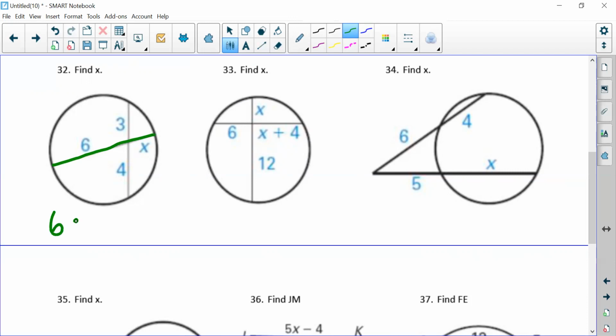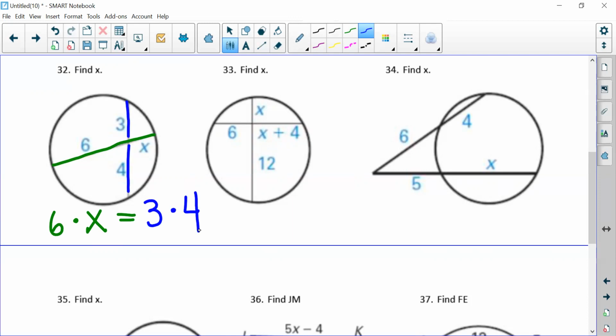The other part of our chord is X. So 6 times X, because remember, when we have 2 chords in a circle, it's one segment of the chord times the other segment of the chord is equal to one segment of the chord times the other segment of the chord, which is 3 times 4, okay?